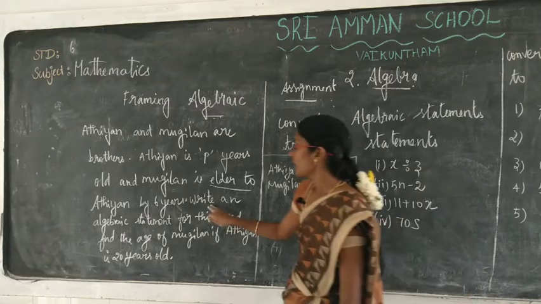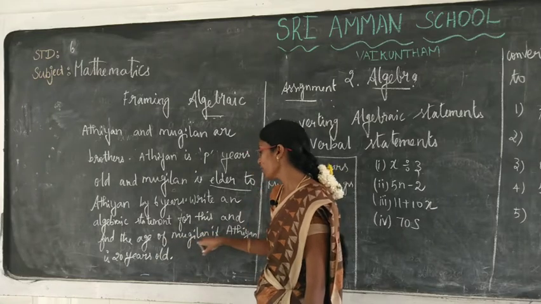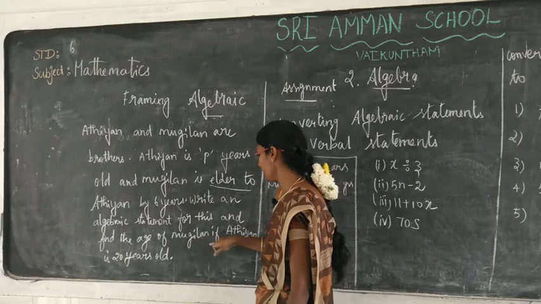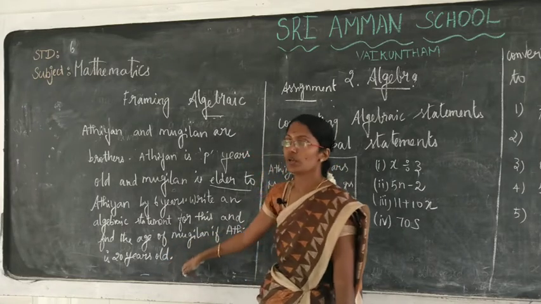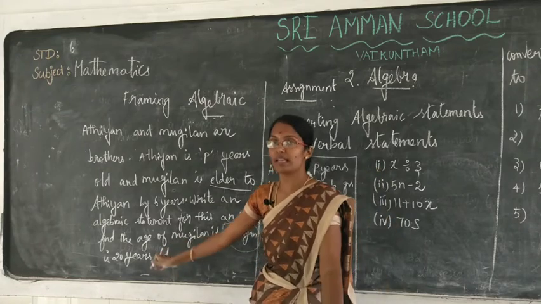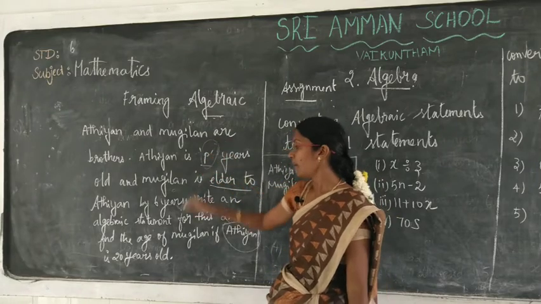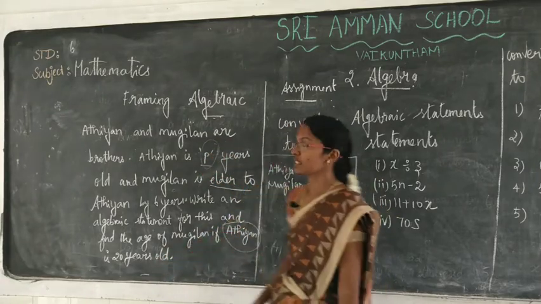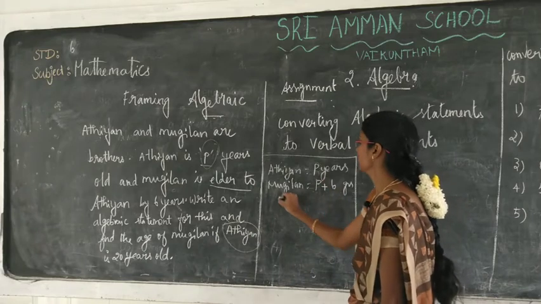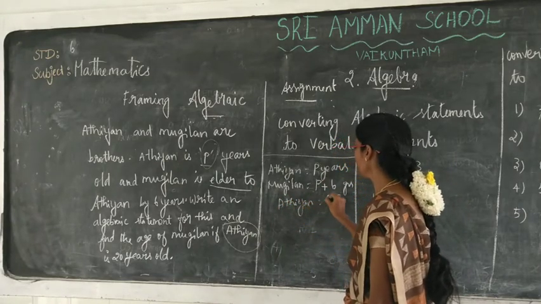Okay, next one. Write an algebraic statement for this and find the age of Mugilan if Adiyan is 20 years old. They had given Adiyan's age, which is P, so P is 20 years.